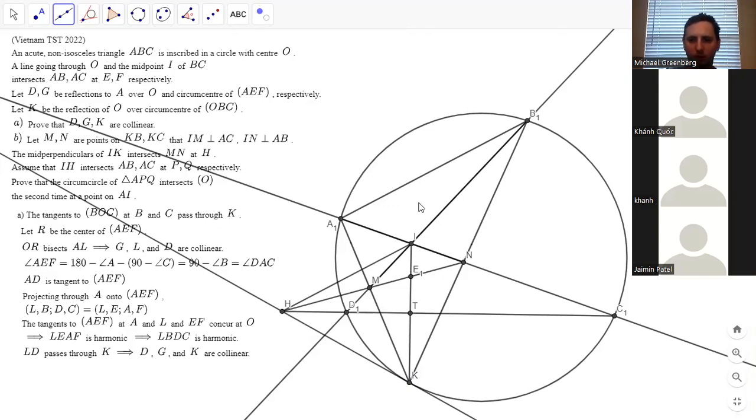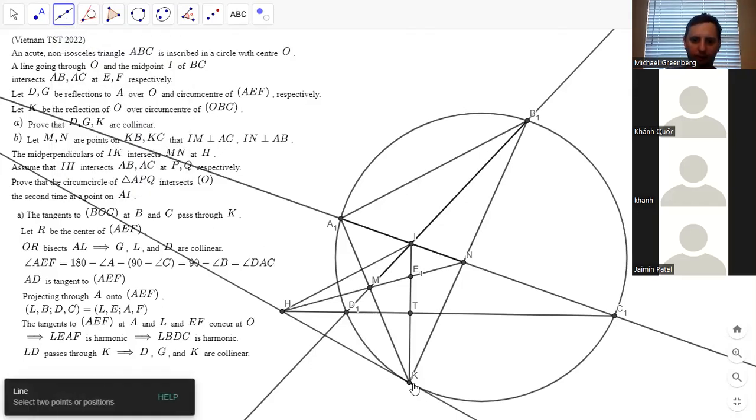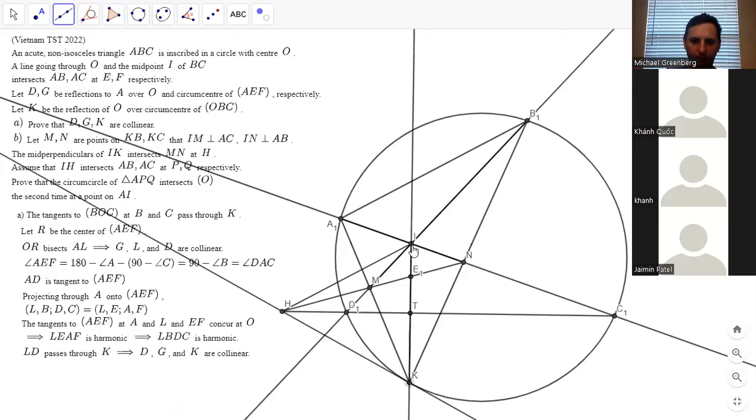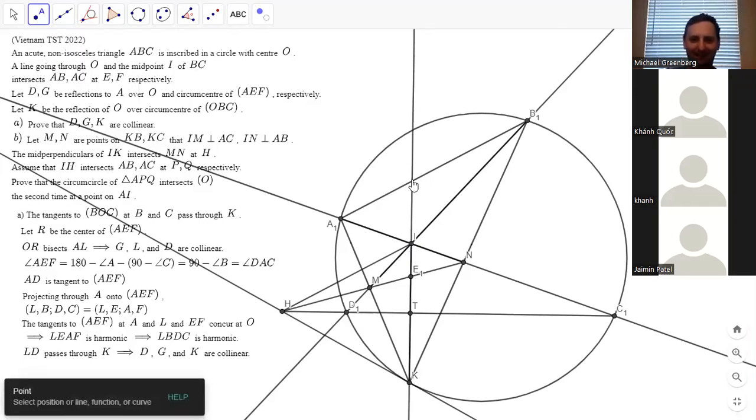I think we can do an angle chase now, because can you connect KI and A1B1? I agree, it looks like an angle chase at this point. Yeah, what a solution. It's really hard.